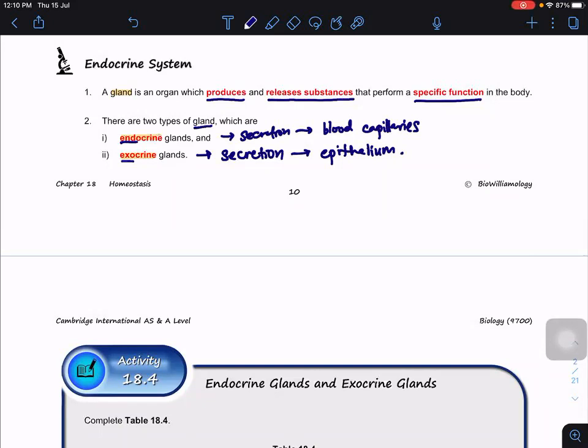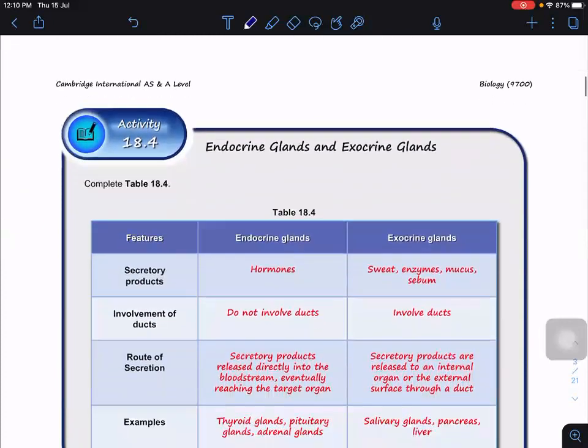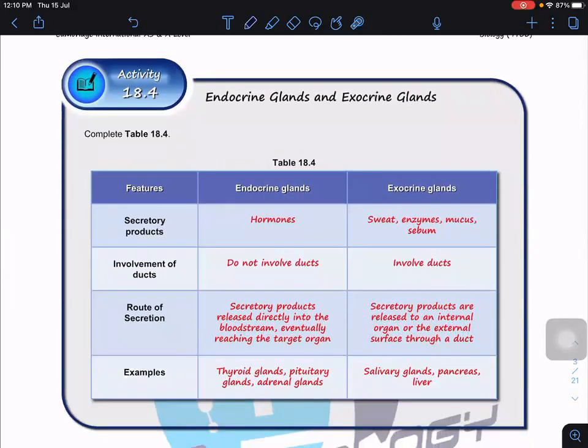That's why we differentiate between endocrine and exocrine glands. Let us look at the differences between these 2 types of glands. Our syllabus only covers endocrine; exocrine is extra information, but we can look at the differences. The secretory products: endocrine glands secrete hormones, which can be lipid soluble or water soluble.